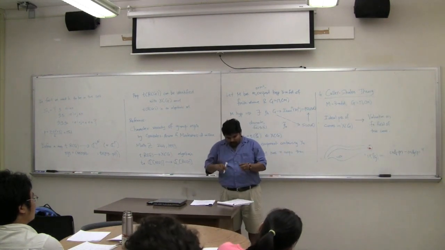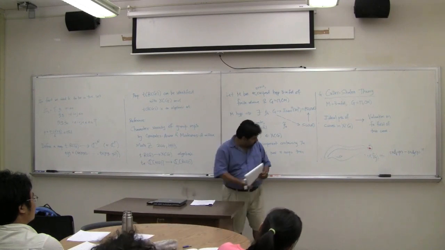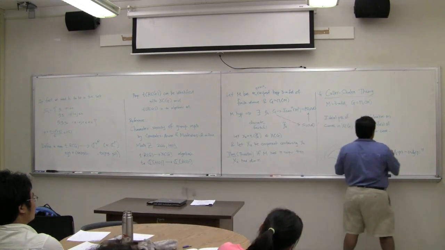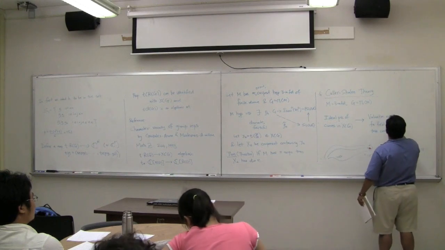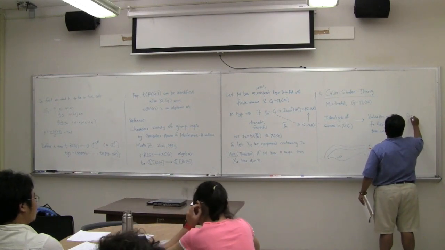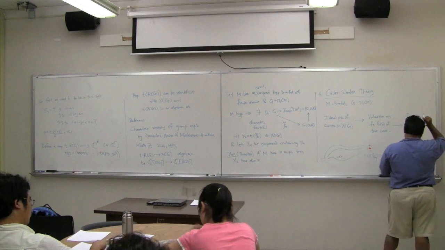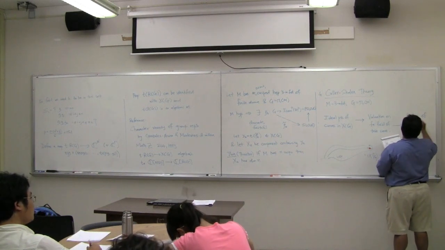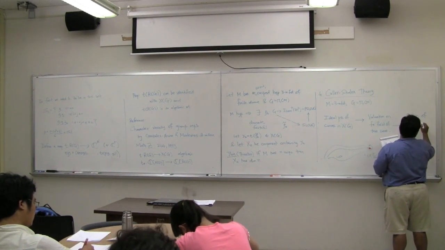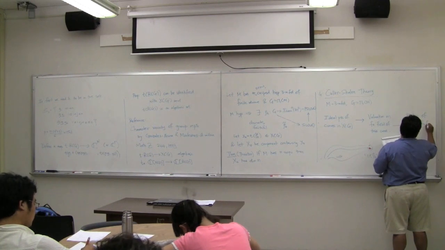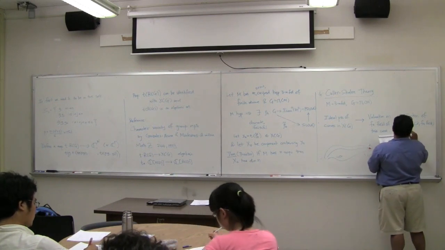Now, why is that good? Well, that gives you an action of SL2 of this function field on a tree.